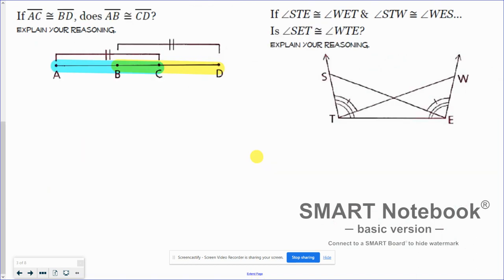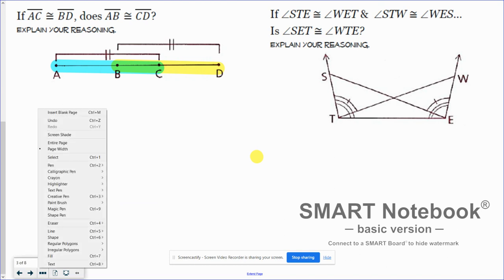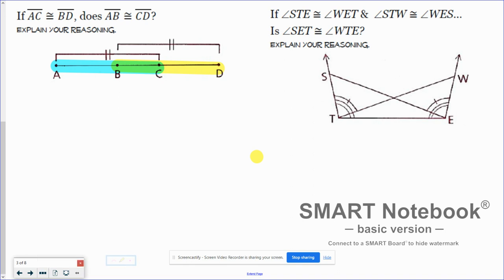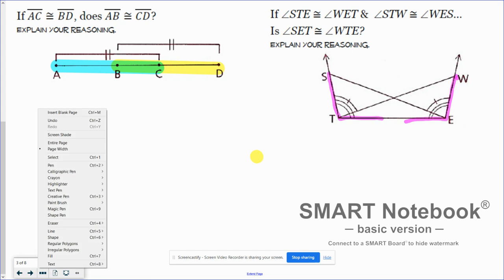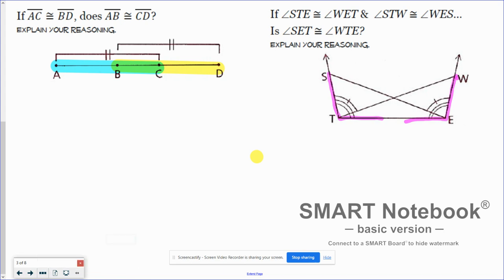And then our last one. If angle STE is congruent to angle WET, so let's look at that first. So here's STE and here's WET. They're congruent. And we know that angle STW is congruent to angle WES.